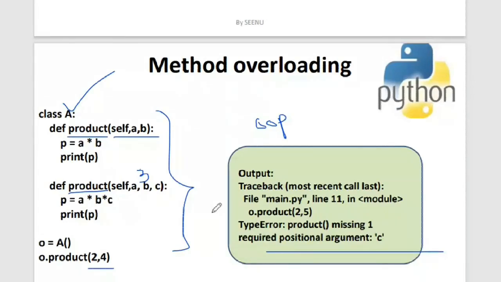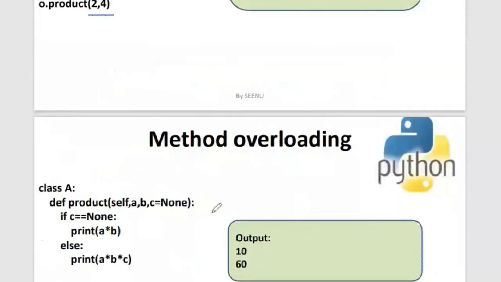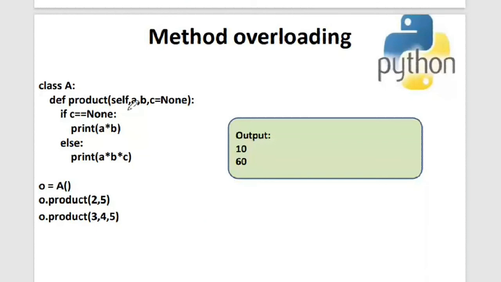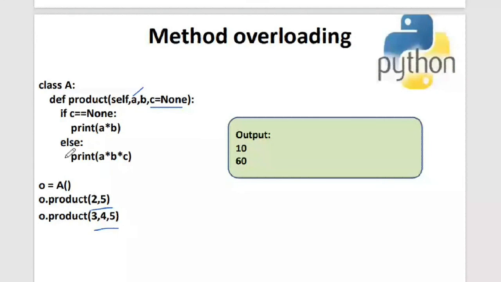So how can I achieve method overloading? Is there any way to achieve it in Python? Yes, you can achieve it, but with a different strategy. I know that the third argument does not work, so I want to call the same product with a different number of arguments. I write only a single product method, wherein I say C is equal to None. Here I have used the concept of default arguments.